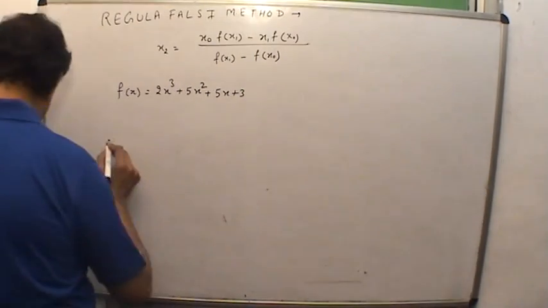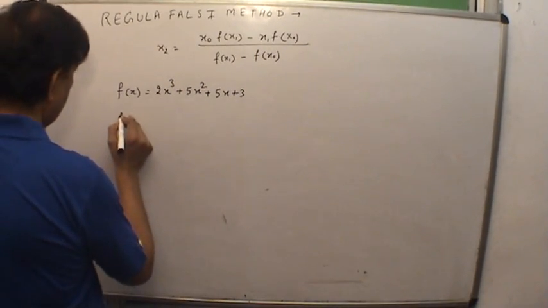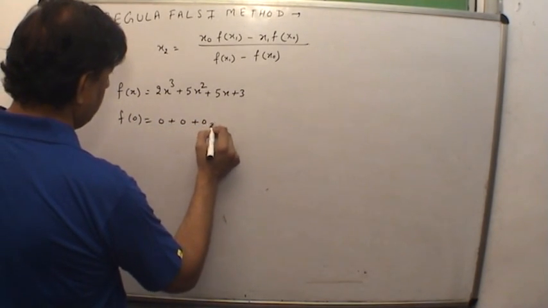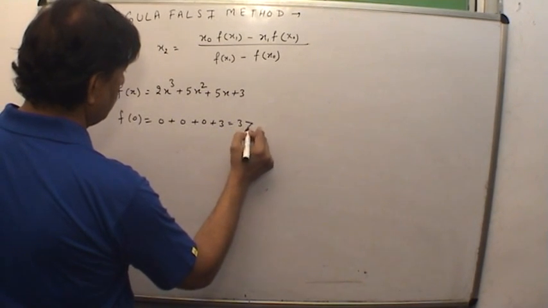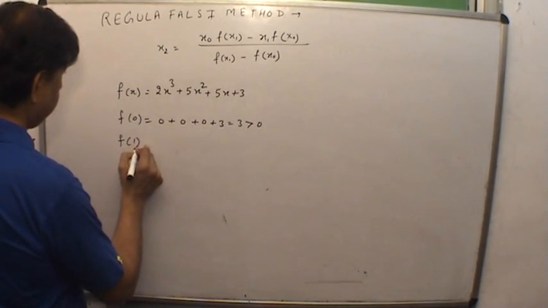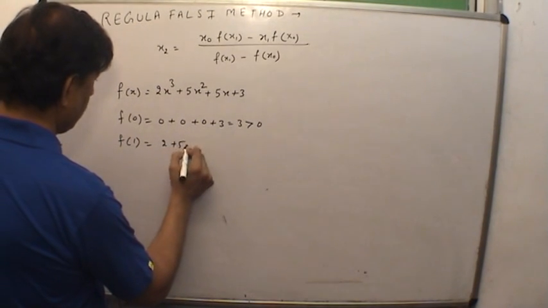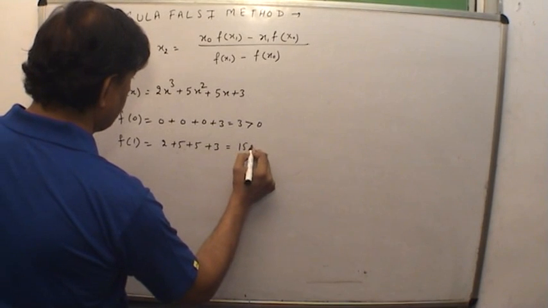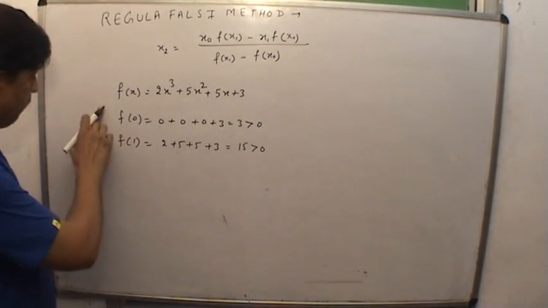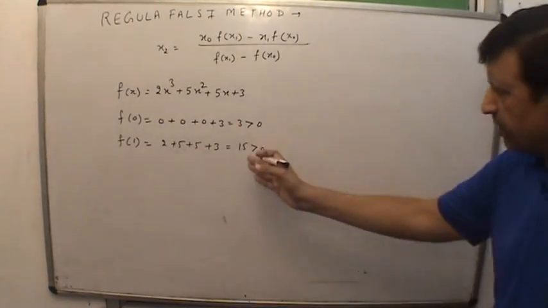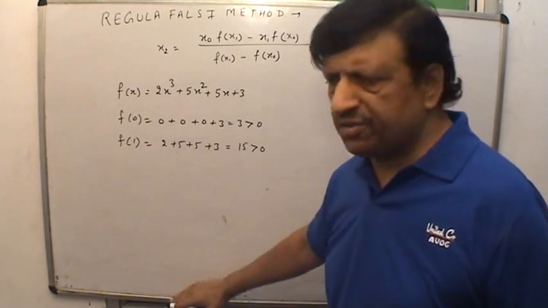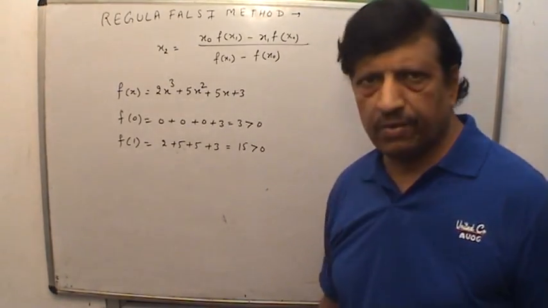Say we start with f of 0, that is equal to 0 plus 0 plus 0 plus 3, that is equal to 3, greater than 0, and f of 1 is 2 plus 5 plus 5 plus 3, that is equal to 15, greater than 0. It means if we continue putting positive values, it will continue increasing and there is no chance we get a negative value.